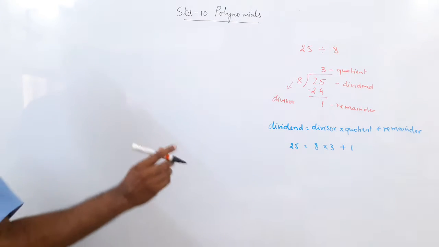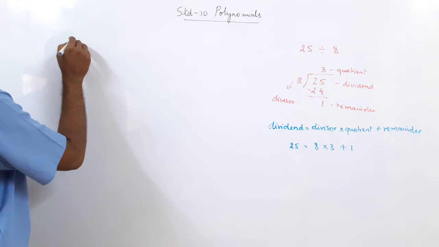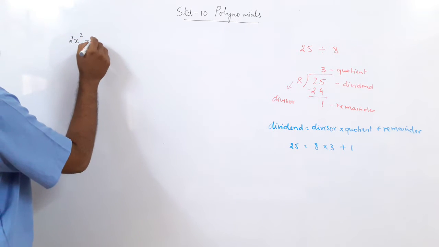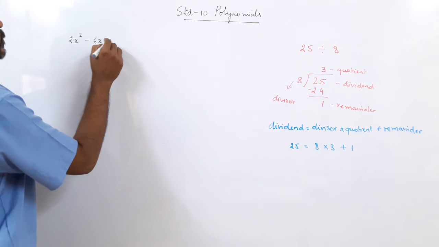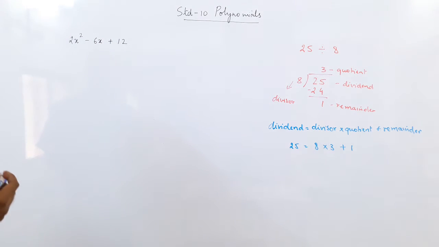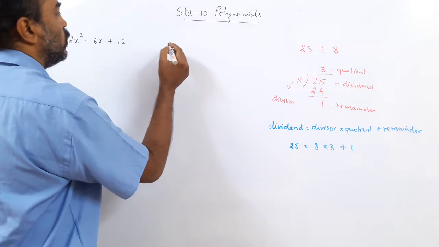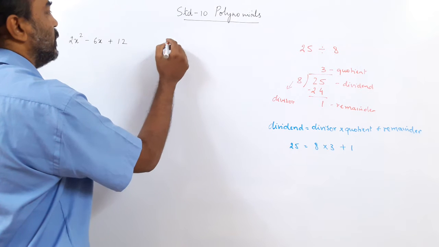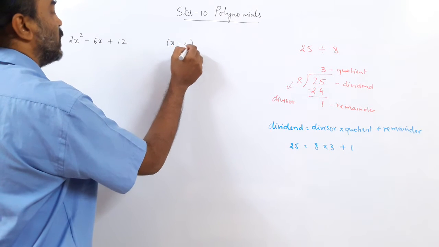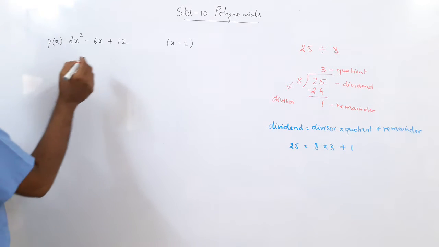Now, why we need to do this, you see. Suppose I have got 2x square minus 6x plus 12. Now, if I want to find out if x minus 2 is a factor for this, so this is a polynomial p of x.